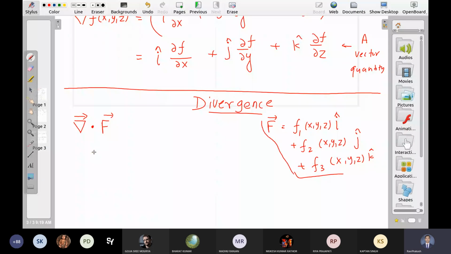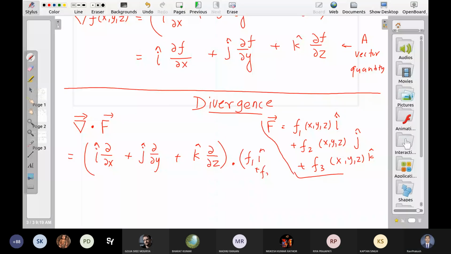What is the meaning of this quantity? And how do we speak it? Del dot f. Del dot f1 I cap, f2 j cap plus f3 k cap.